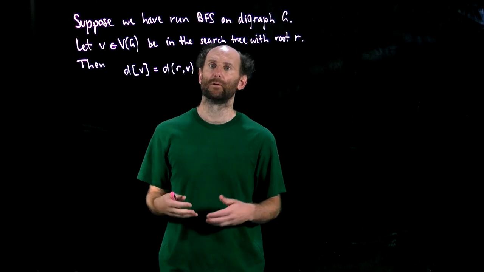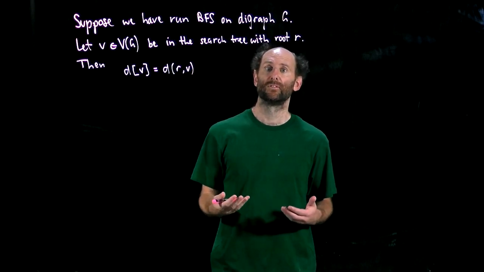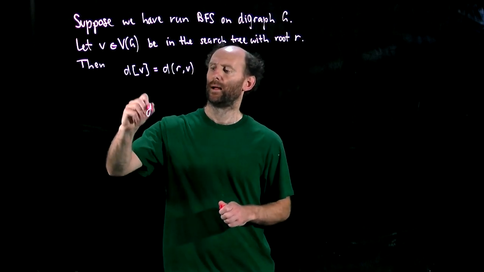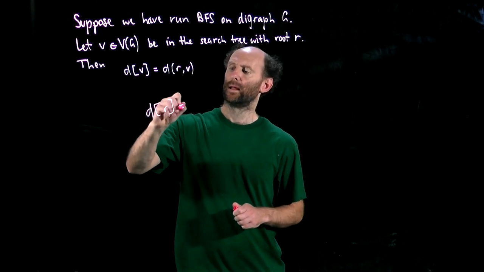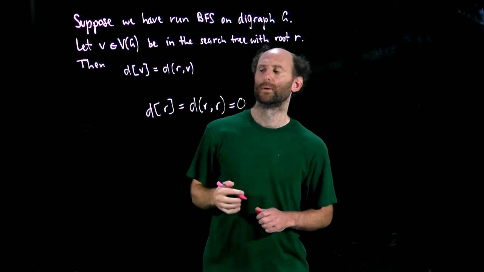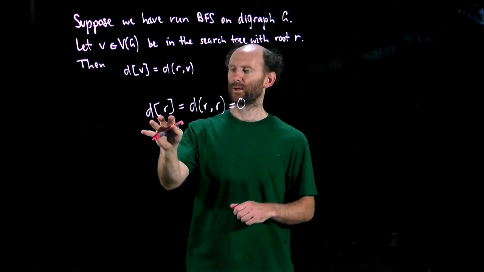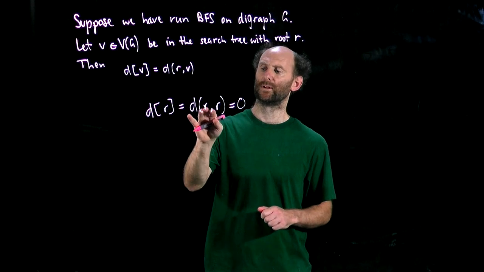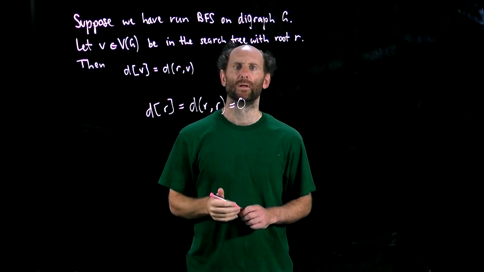The case where V is the root R is trivial, since D of R equals 0. So this is always going to be 0, and the distance of a node to itself is also 0.